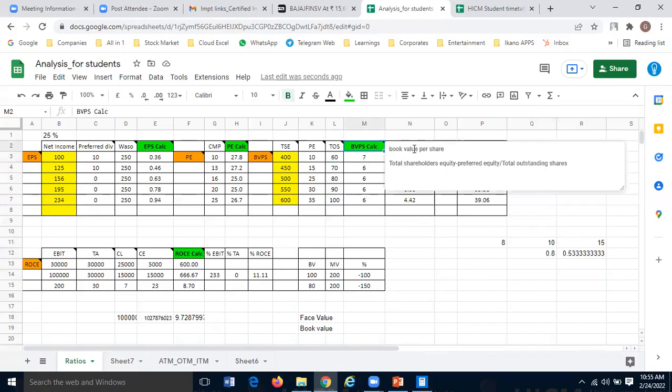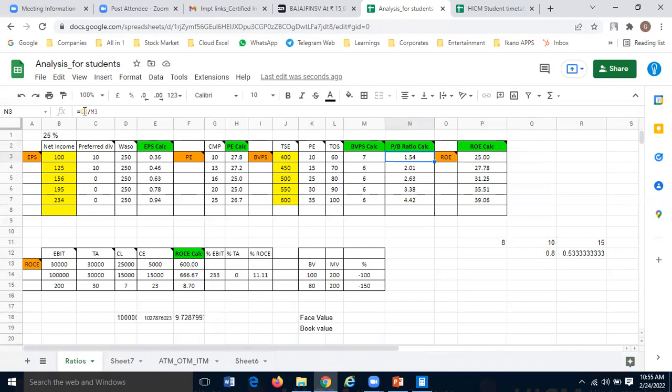Okay, so we will just touch this point, the PB ratio, which is calculated as market price per share divided by the book value per share. I will check whether the formula is correct or not. Market price, this is the current market price, and this is the price actually. It is the same as what you saw in EPS.